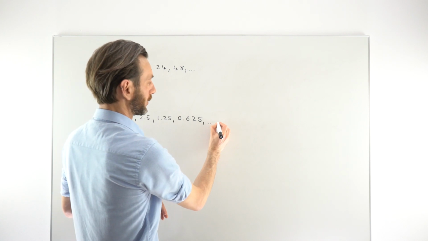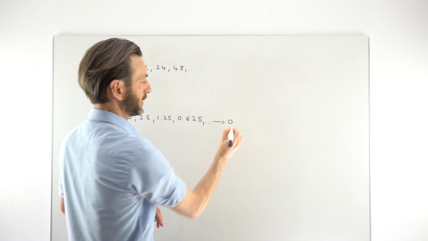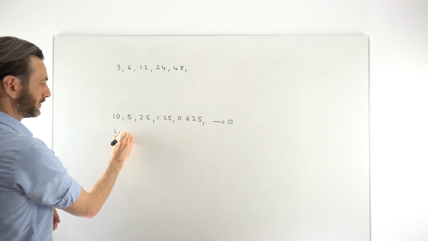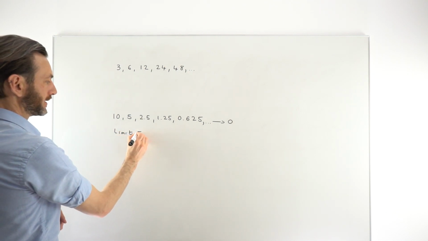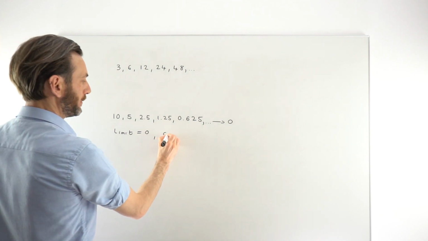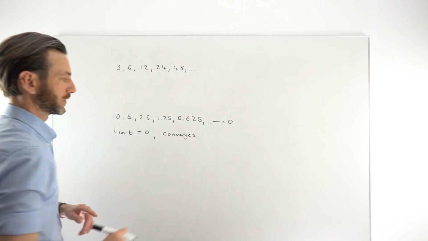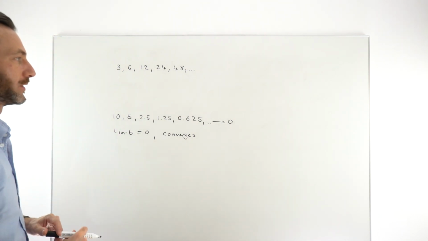We can see clearly that this one tends to 0, and we say it has a limit, and the limit equals 0. This is an example of a geometric sequence which converges, and it converges to the limit of 0.